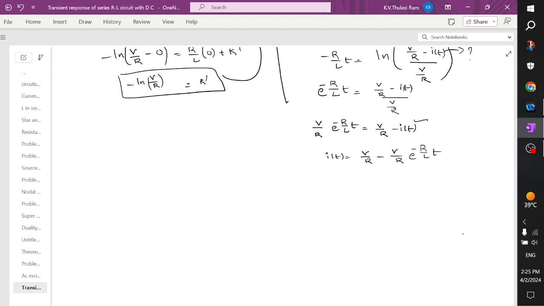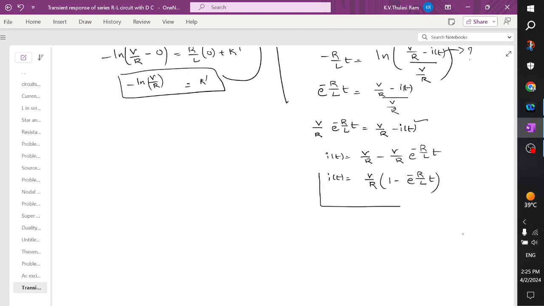Further simplifying, I can write I of t is equal to v by r, taking it common, into 1 minus e to the power minus r by l into t. And now I want to plot this curve.